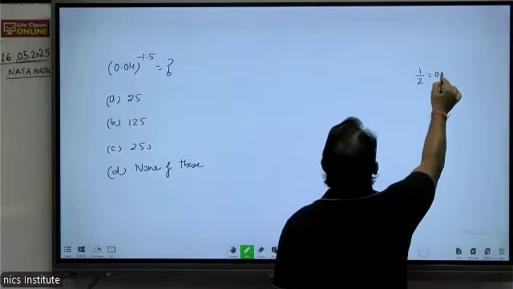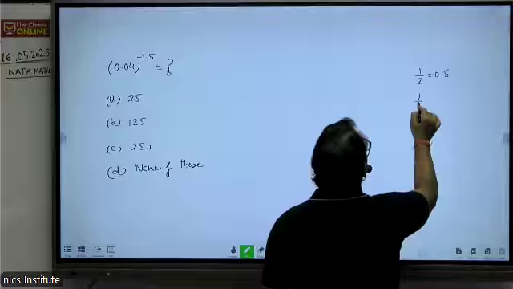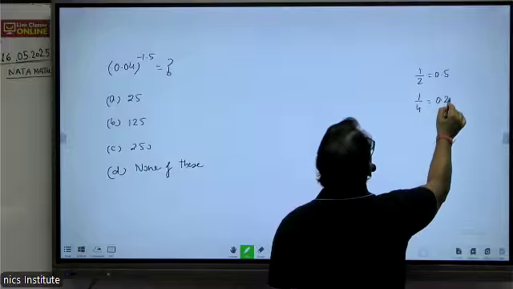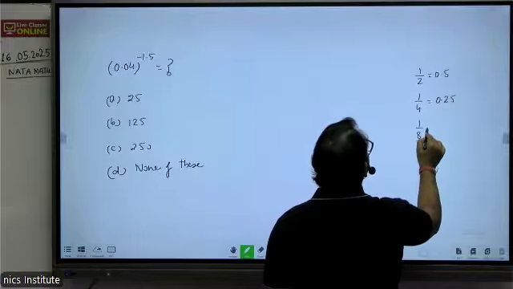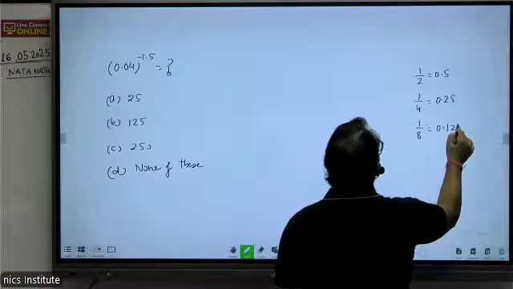1 by 2 is 0.5. 1 by 4 is 0.25. 1 by 8 is 0.125.